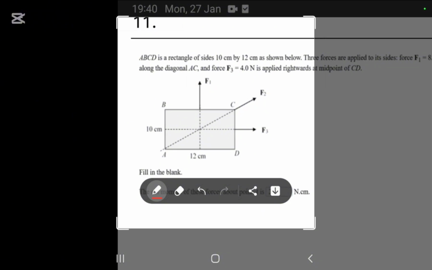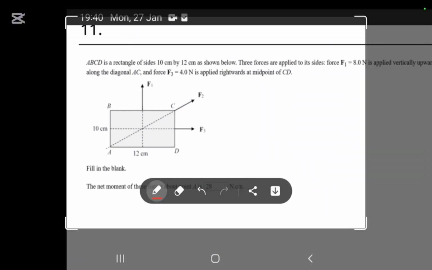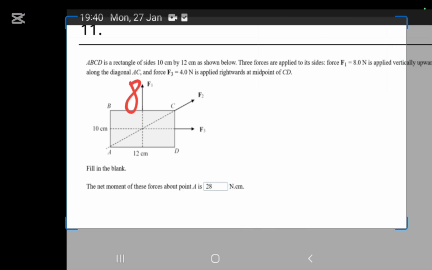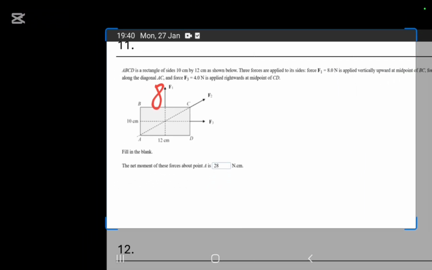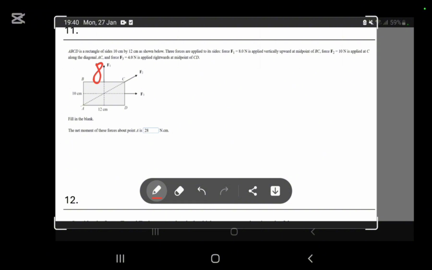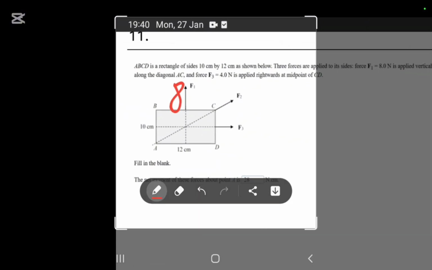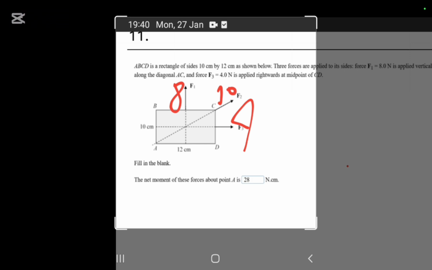Okay, let's get to this. As we said, F1 is 8, F2 is 10, and F3 is 4. First of all, we need to find the moment. Let's take F1.